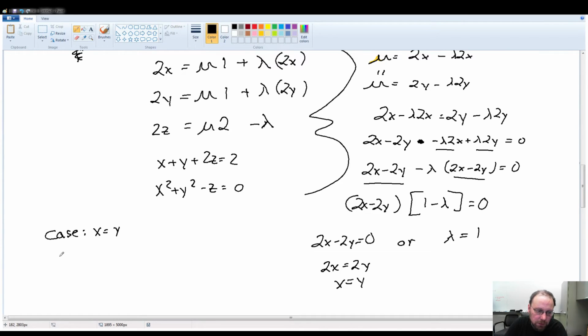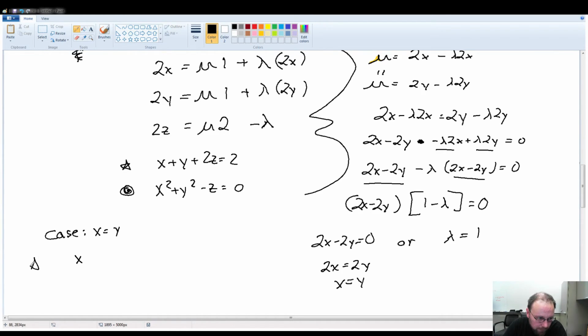Okay, so if x equals y, I would go to the constraints at this point. So we'll get that if x equals y, let's do the following. In the first equation, I'm sorry, this equation right there, and then we'll look at that equation.